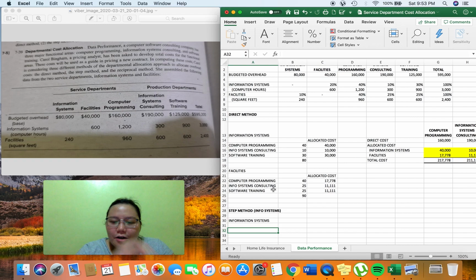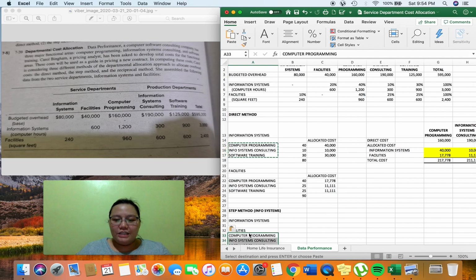Therefore, we will allocate the cost of the information systems department to facilities, computer programming, information consulting, and software training. So yung facilities natin as well as the production department will be shouldering the cost of the information systems.